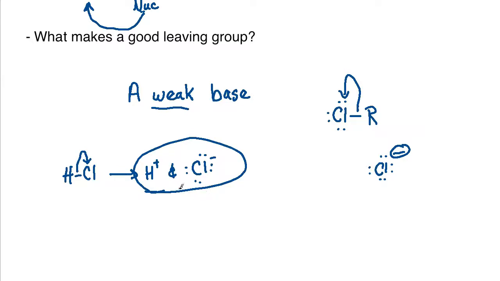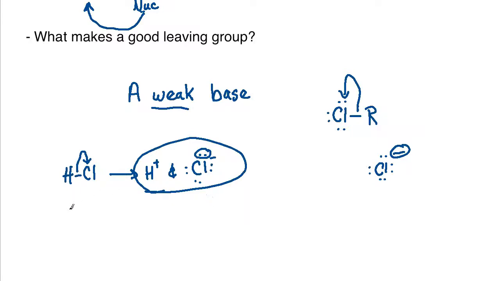And in particular, what we're talking about is chlorine and its ability to host this extra set of electrons that it took from the covalent bond. How well can it do that? And if it wasn't able to do it very well, or it was reactive, we would see the ability to go back the other way, and we would reform HCl if Cl minus was not able to sort of coast in solution and offer a stable situation to that extra set of electrons.